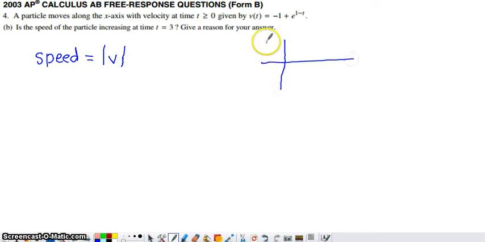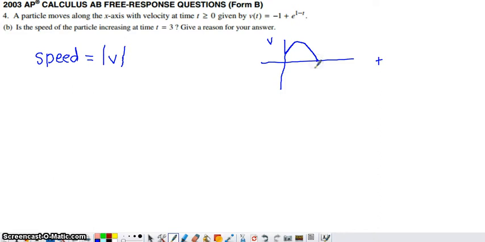But if we had a velocity graph, so velocity was plotted over time, if velocity is moving upward, away from 0, its absolute value would be getting larger, so speed would be increasing. So here's an interval where speed is increasing because my velocity is moving away from 0. My speed is decreasing on this interval because now my speed is moving closer to 0.